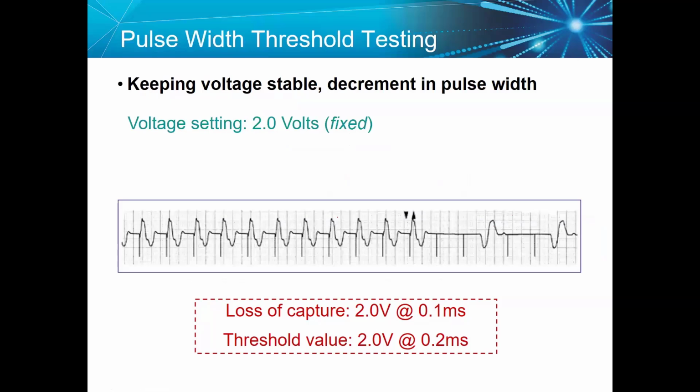Okay, and then we can change the pulse width. Here it's changing, the voltage setting is 2 volt, and we are decreasing the pulse width. So we lost capture here at 2 volt at 0.1 millisecond, and actually our threshold is 2 volt at 0.2 millisecond.